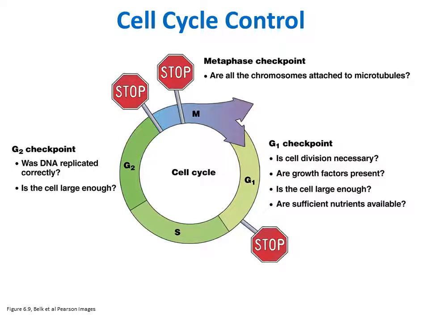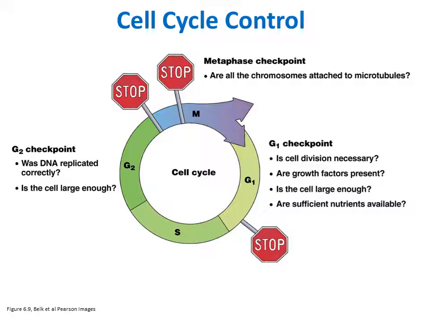And in G2, there's an assessment of whether or not DNA replication, which happened in the S phase, actually occurred appropriately. Again, the cell needs to grow, and there's an assessment of whether or not the cell is large enough to undergo the process of mitosis.